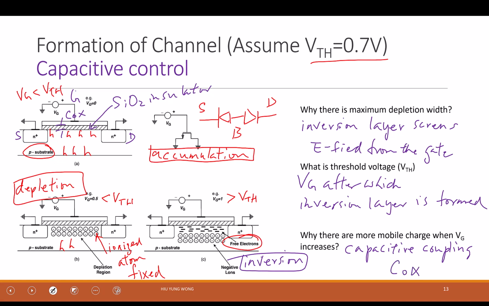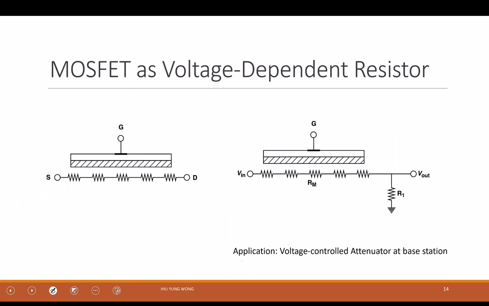I keep increasing the voltage on one side. Of course, I will keep increasing the positive charge on one side, and negative charge on the other side, right? Because you will keep attracting more. So the idea is how I increase it? Because I have capacitive coupling, okay?